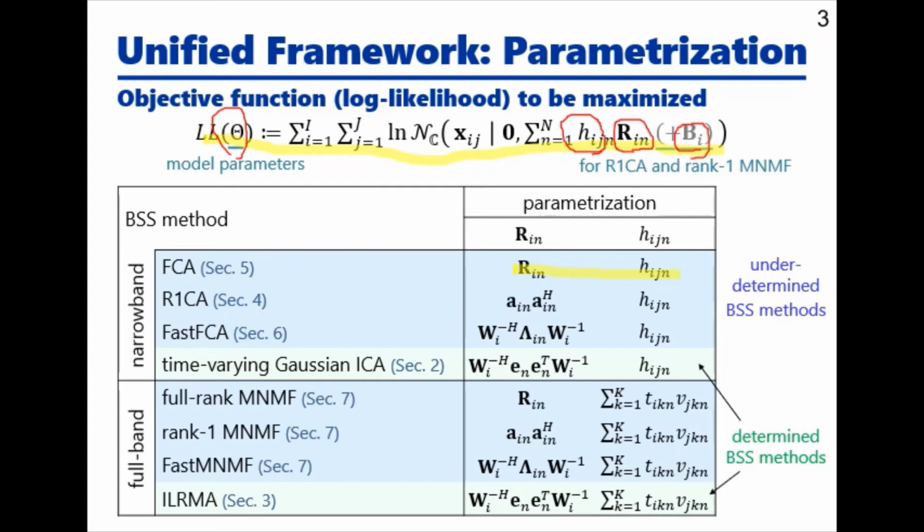In R1CA, R is a rank 1 matrix parameterized by the mixing vector A. In FastFCA, the spatial covariance matrices R of all sources are jointly diagonalizable and so parameterized like this.